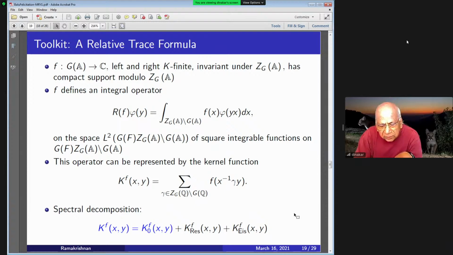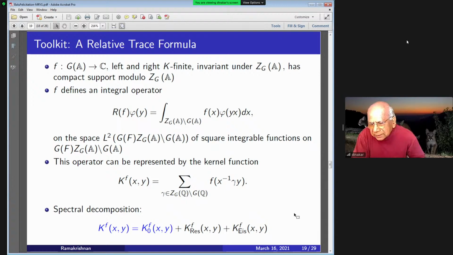and then you have a spectral decomposition of this kernel function, which is the cuspidal part, which is called K0, and the residual part, I'll come to that in a minute, and then the Eisenstein part. The Eisenstein series contribute a continuous spectrum, and that gives a very complicated thing. Often you have to subtract, and that's part of the difficulty. And then the residual part is really everything in the discrete spectrum that is not cuspidal.